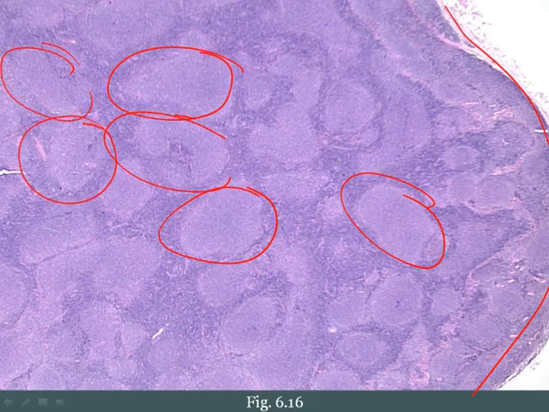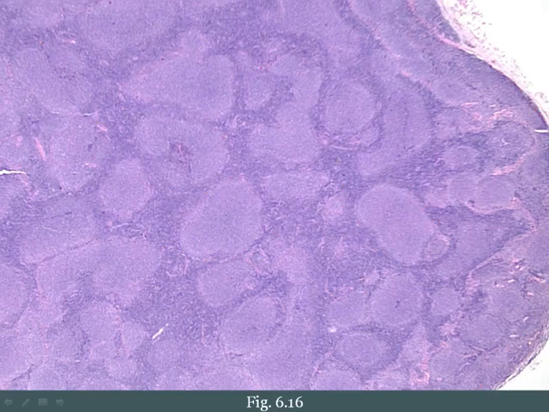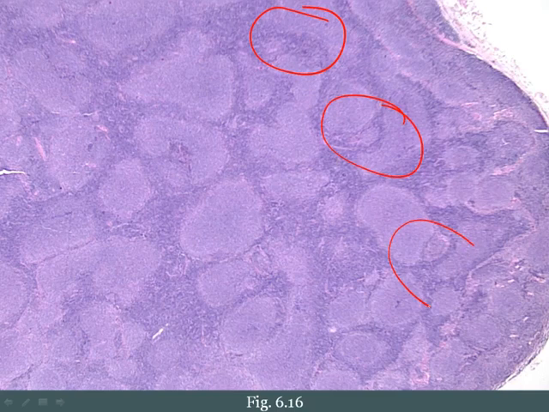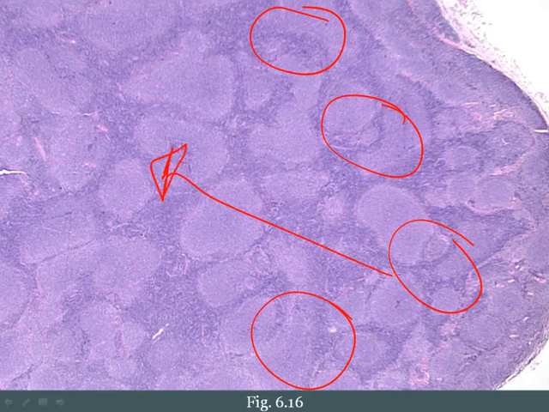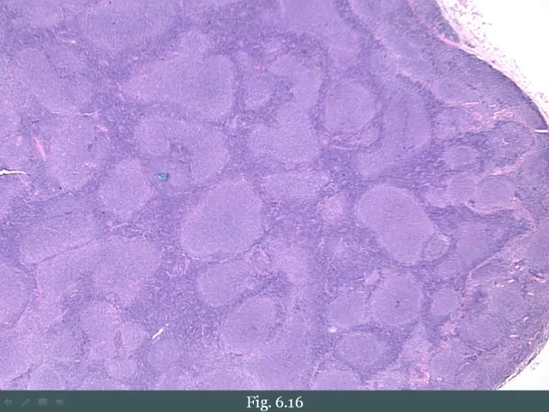So these follicles have basically taken over or disrupted the normal lymph node architecture, and that's an indication that we're dealing with follicular lymphoma. If this was a follicular hyperplasia in response to an infection, we would see expansion of the follicles, but all of the follicles would be present in the cortex where the follicles normally live. The fact that these follicles are destroying the lymph node and going deep into the lymph node is an indication that we may be dealing with a follicular lymphoma.